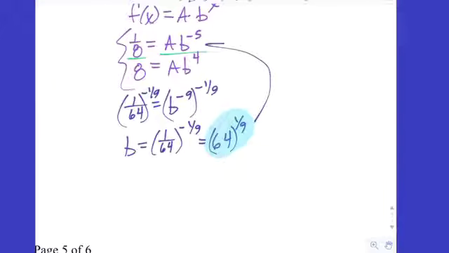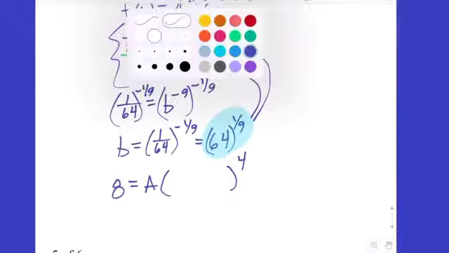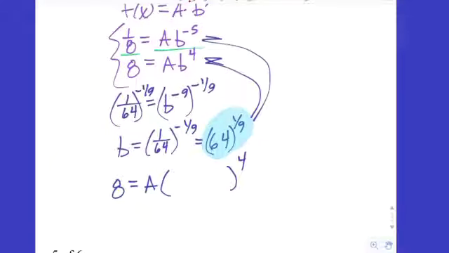Now to find a, we just plug it back into either one of those. I'm going to plug it into the second one. It doesn't have fractions, doesn't have negative ones. So we get 8 equals a times b to the 4th. And again, notice how I did that. I just put parentheses to the 4th. Now we drop in the b value, you get 64 to the 1/9.